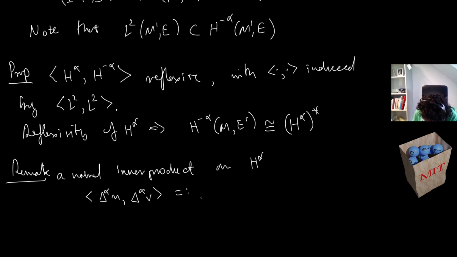So this is a natural inner product on H alpha. But this is not the interesting inner product for us. It's not the inner product or the pairing that really comes from the underlying L2 theory, right?